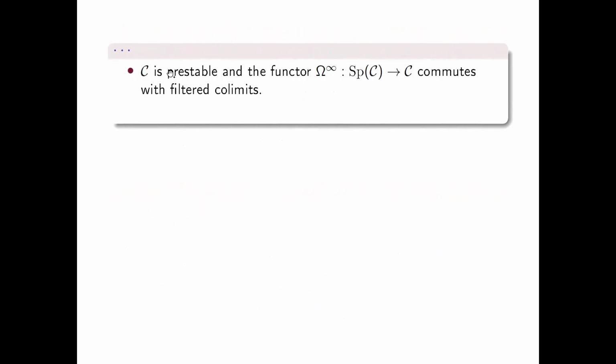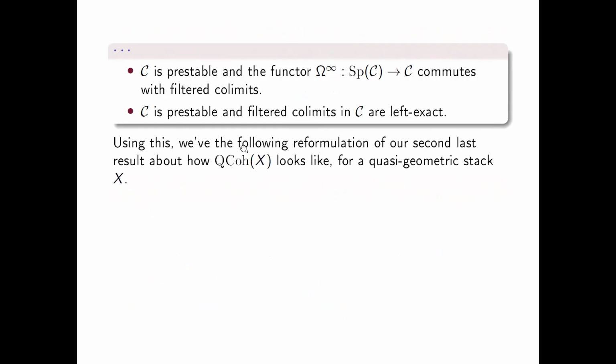The third is that C is pre-stable and the functor omega infinity from C to C commutes with filtered colimits. And the fourth equivalent statement is that it is pre-stable and filtered colimits are left exact.